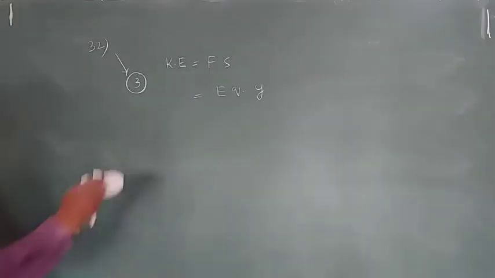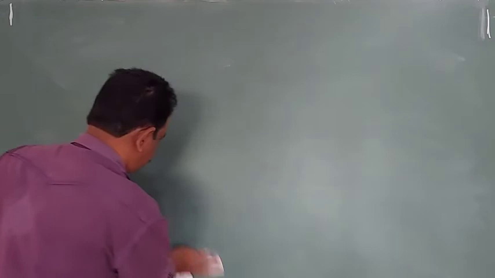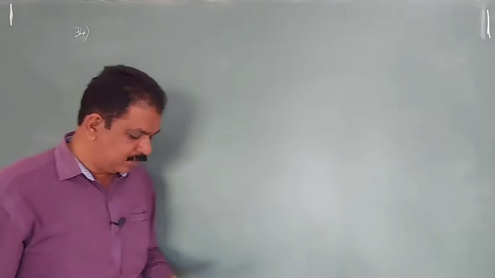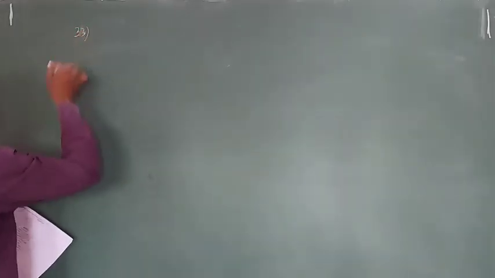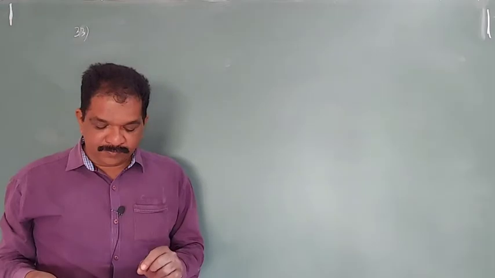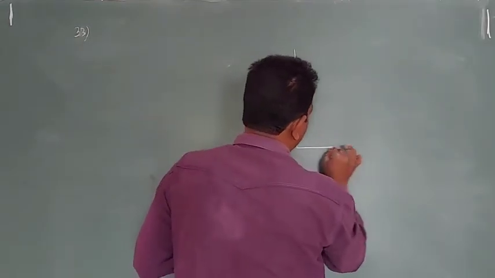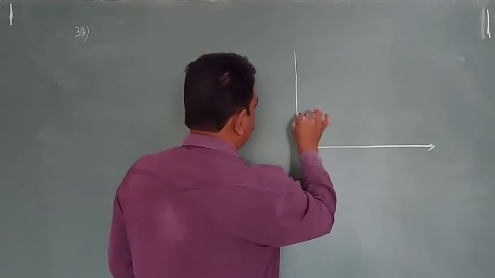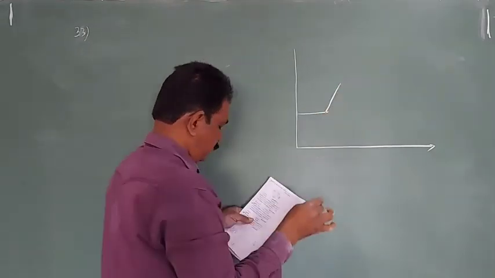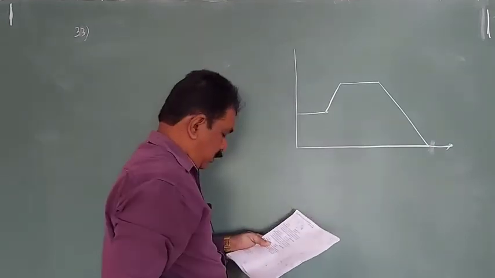Next, 33. One graph is given. In that graph, they are asking different things. The graph is like this.